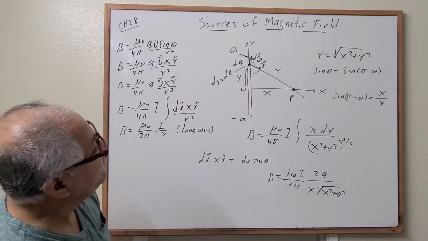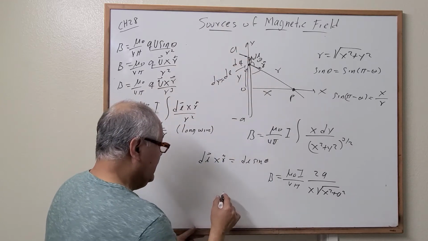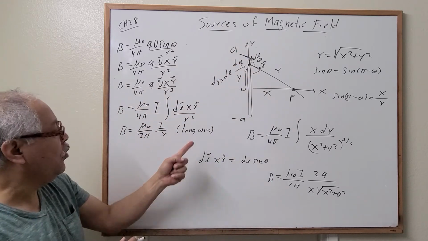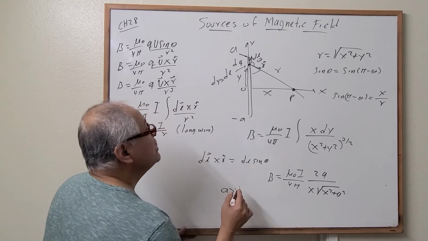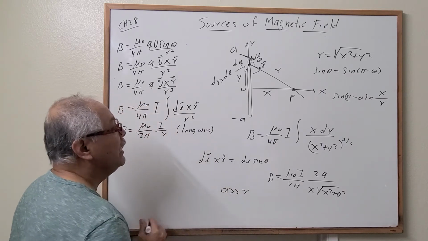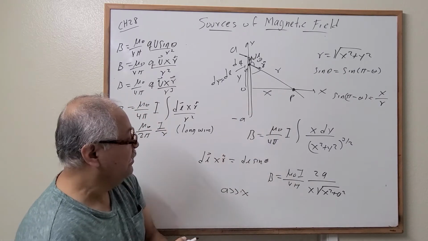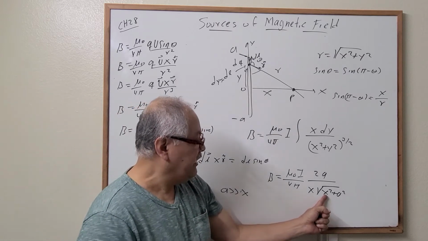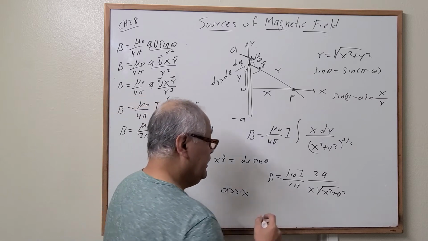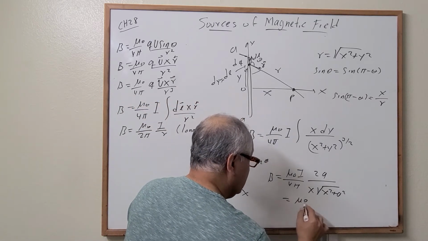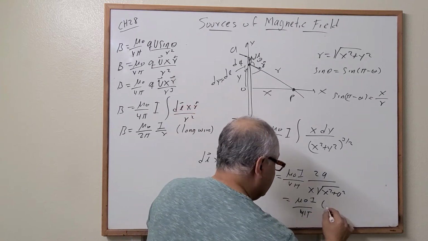Now, what happens if this is a long wire? It means that, because when I compare to this case, it's for a long wire, a must be much larger than x, right? What happens? Well, this quantity becomes very small, goes to 0. And then this is equal to mu naught current divided by 4 pi times 2a.